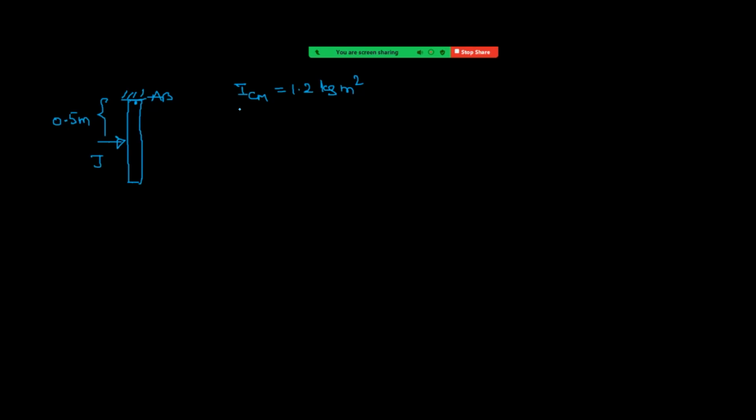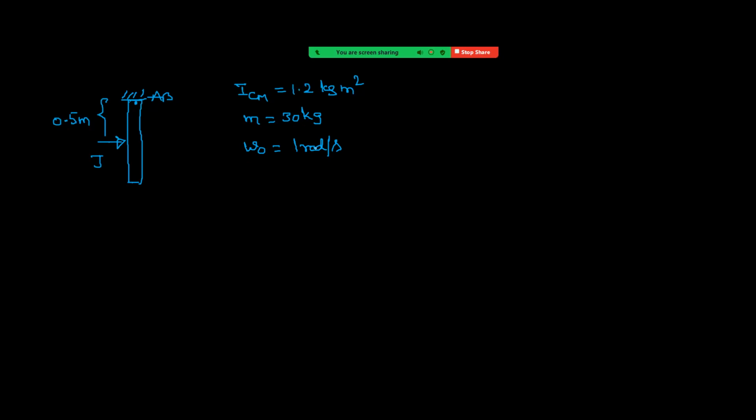Next, the mass of the laminar sheet is 30 kg. Next, see how much impulse is given. Initially, the angular velocity, let us call it omega naught, the initial value, is given as 1 radian per second.